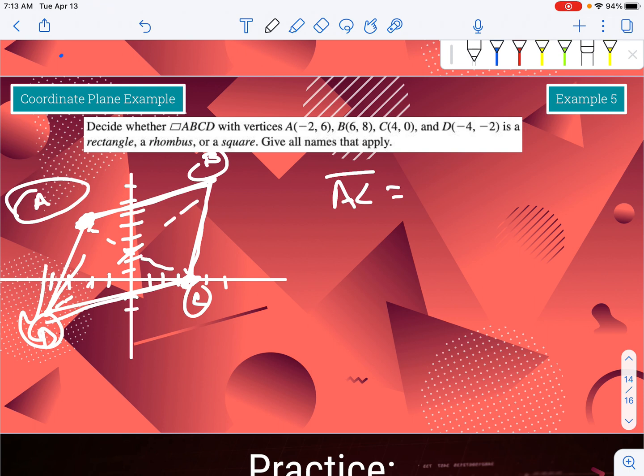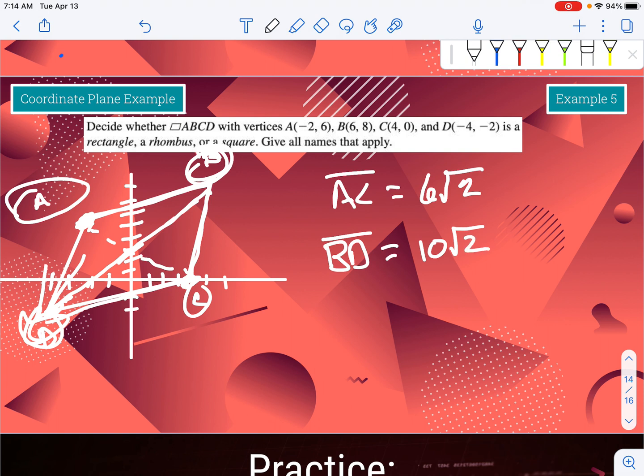I would just tell you the length from A to C, what it all the way simplifies to is 6 square roots of 2. And the length of BD, this other diagonal, simplifies to 10 square roots of 2. So these are not congruent, are they? 6 square roots of 2 and 10 square roots of 2.